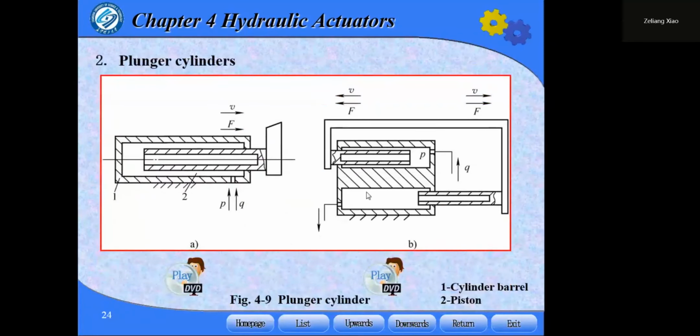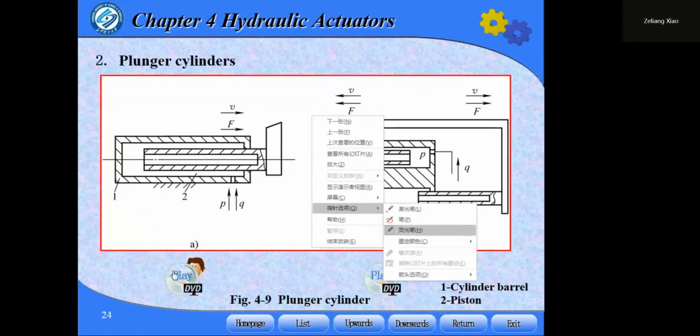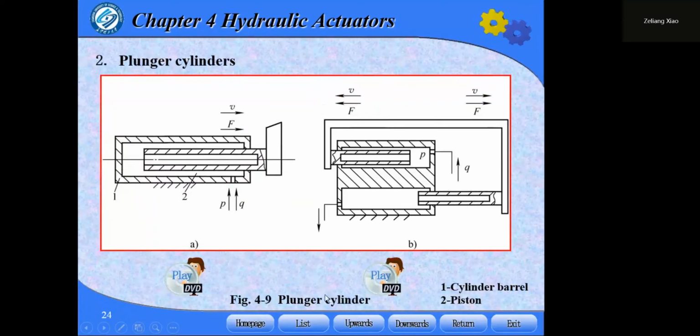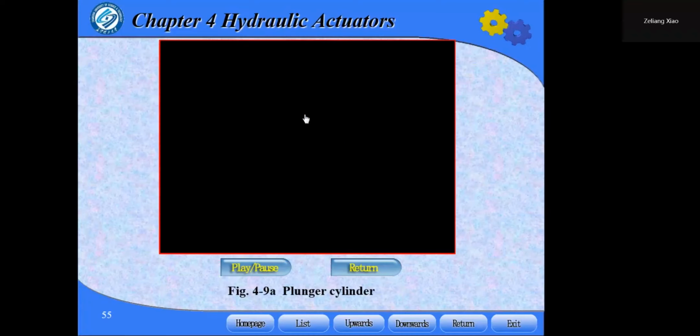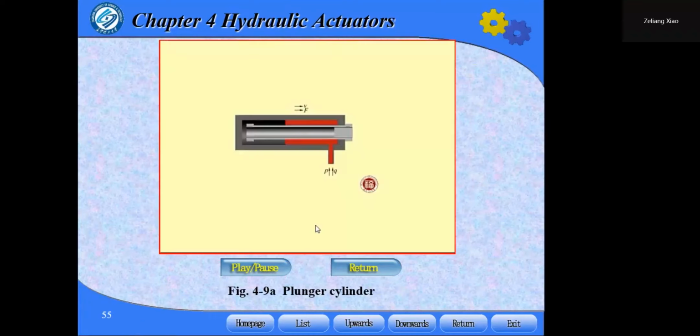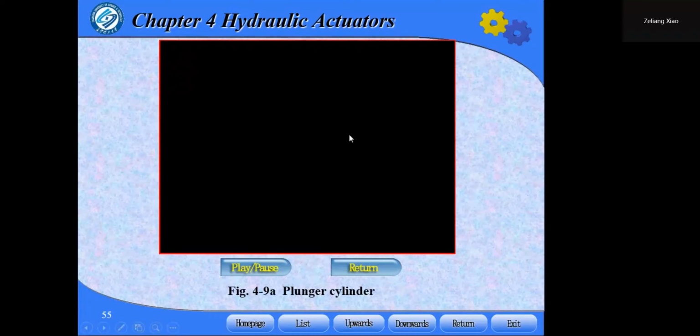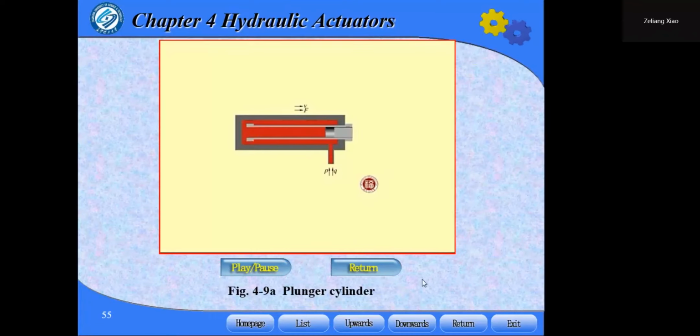The video of the plunger cylinder: one is the cylinder barrel, two is the piston with the ring.